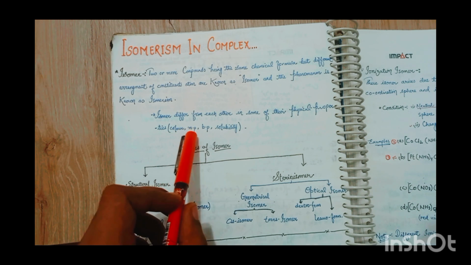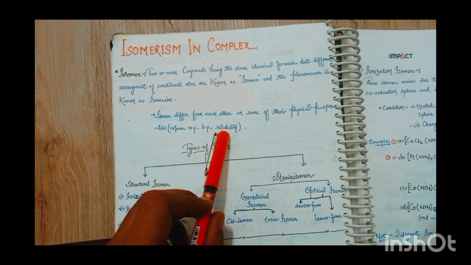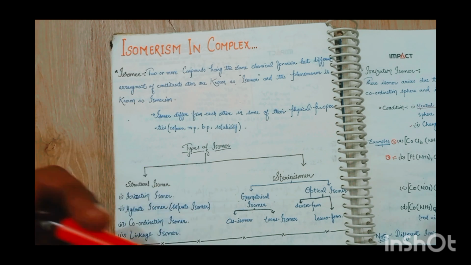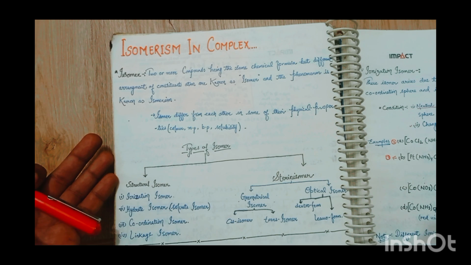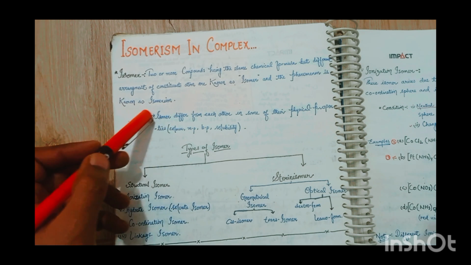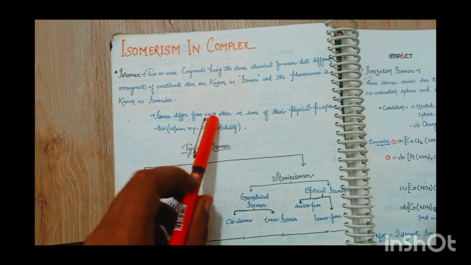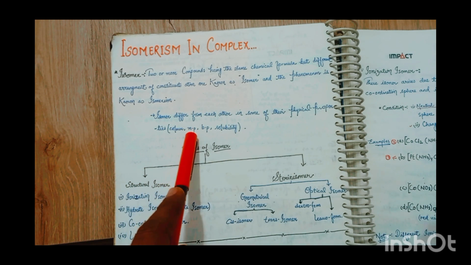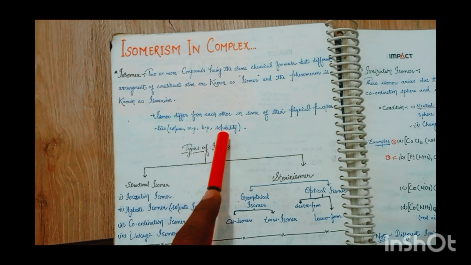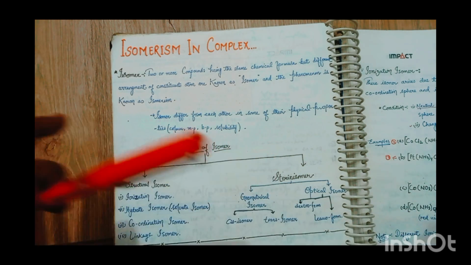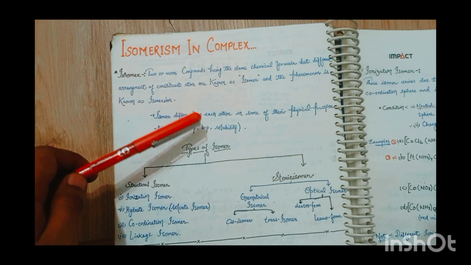Color, melting point, boiling point, and solubility of different isomers may be different, but their chemical properties, the way of reaction, remain the same. There are a few exceptions, but by and large remember that isomers differ from each other in some physical properties like color, melting point, boiling point, and solubility, but their chemical properties remain the same. I think I am able to introduce the term isomer.